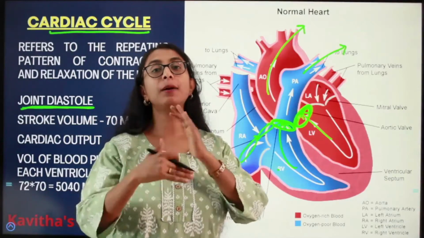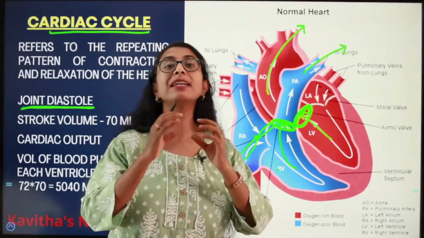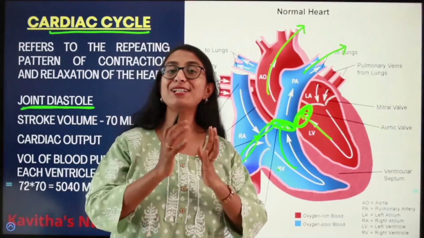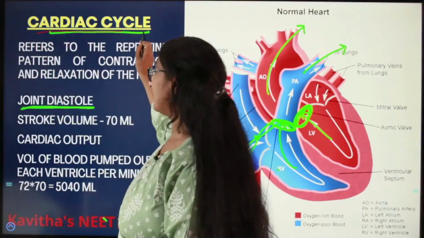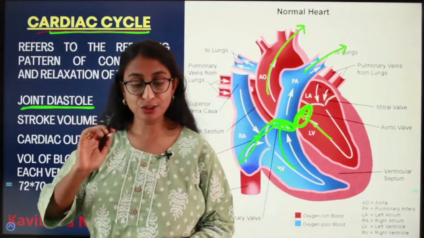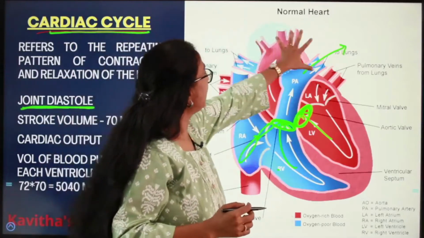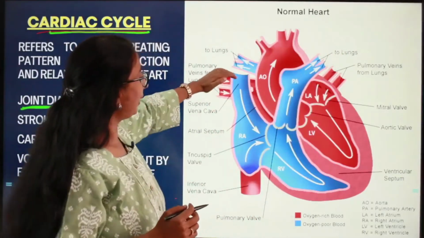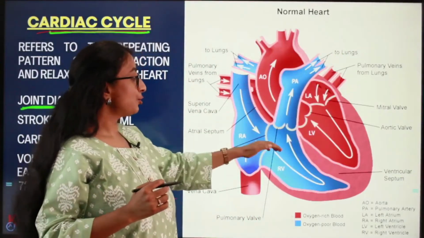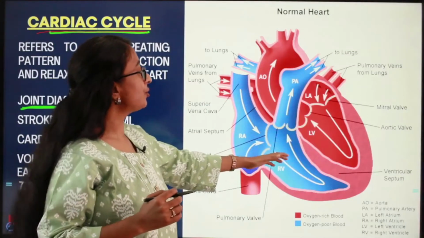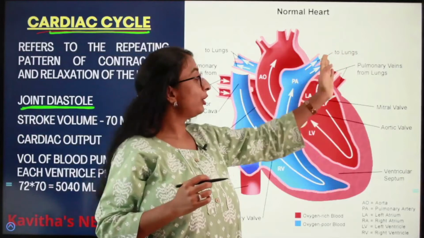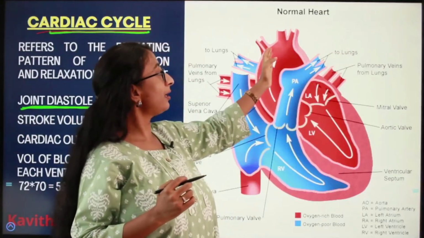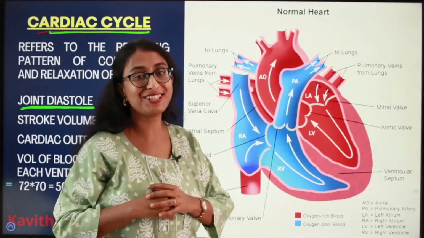That is one complete cycle of contraction and relaxation of the atrium and the ventricle, and this is called the cardiac cycle. Okay, so did you all understand the mechanism of the cardiac cycle, how blood moves from the atrium to the ventricles, and from the ventricles they are pumped into the pulmonary artery for pulmonary circulation, and from the left ventricle into the aorta for the systemic circulation.